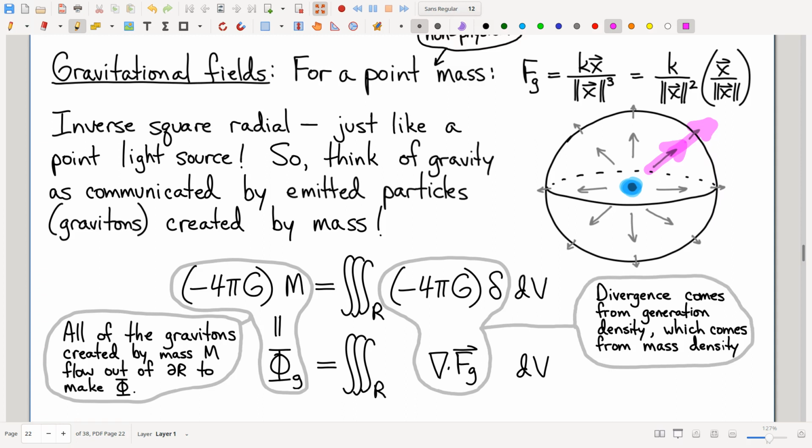So now let's connect the dots again. The more mass you have, the more gravitons you're spitting out, and therefore the more flux you're going to get on your boundary surface. And so the nice little final punchline then is that the amount of flux of gravitons flowing through space, through your surface, is proportional to the amount of mass that there is on the inside.